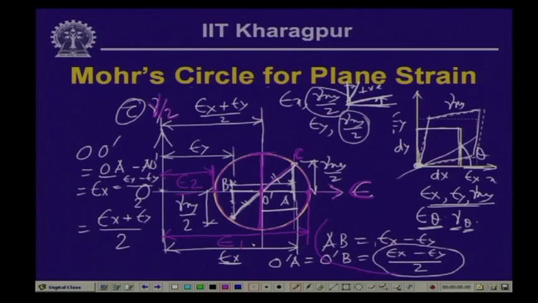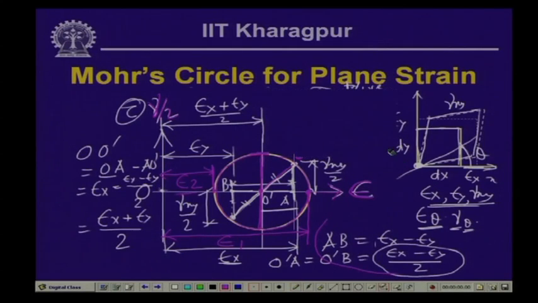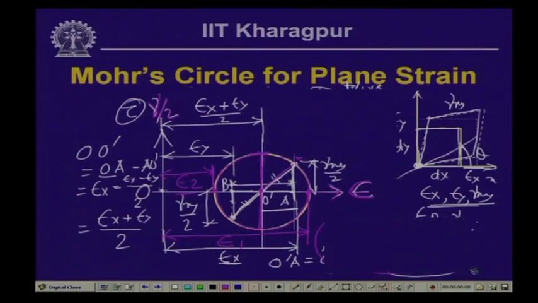Now, the value of epsilon 1, from this particular diagram, is equal to the distance O dash plus the radius. So, O dash plus radius.